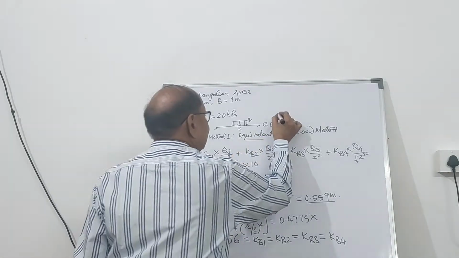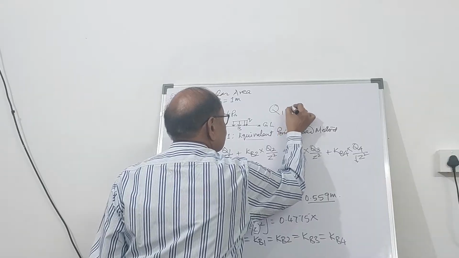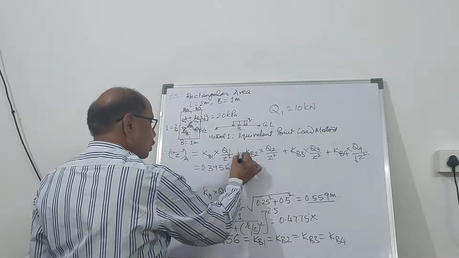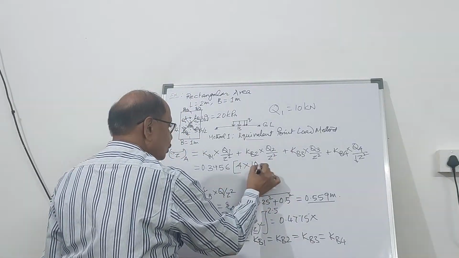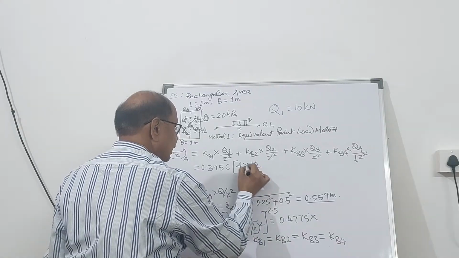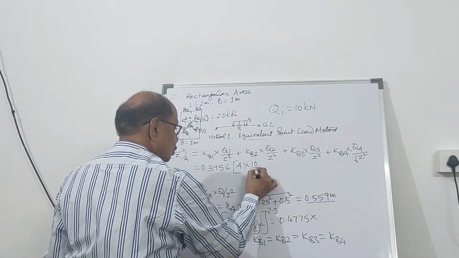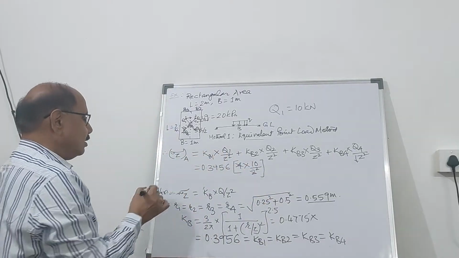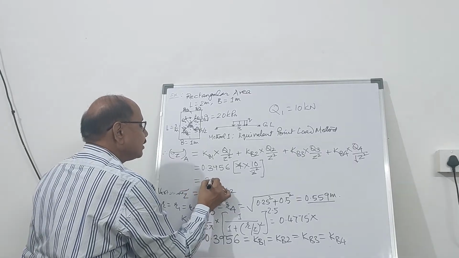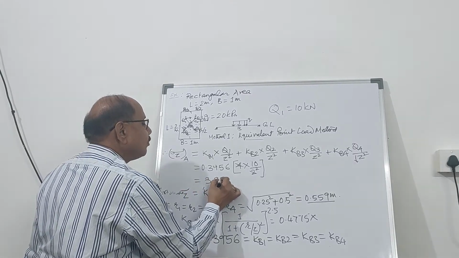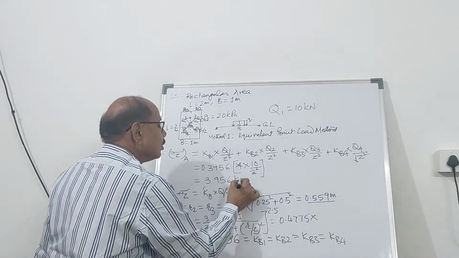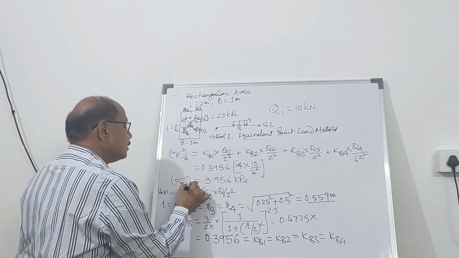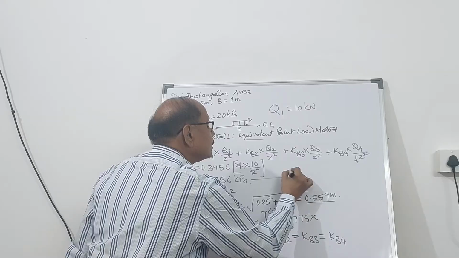So capital Q1 is 10 kilonewton, equal to Q2 equal to Q3. So we can write it as 4 into 10 divided by z square. The z value is 2 meter, so 2 square. So this gets cancelled, and finally you get 3.956 kilopascal. So this is the answer for sigma z.